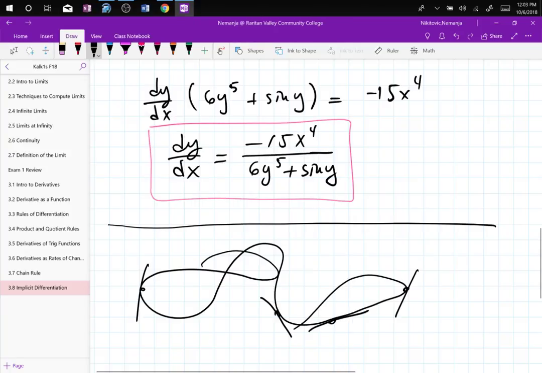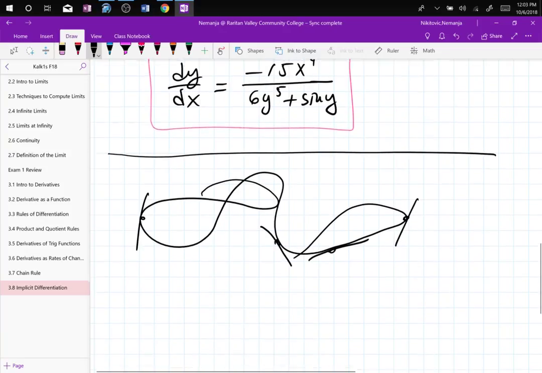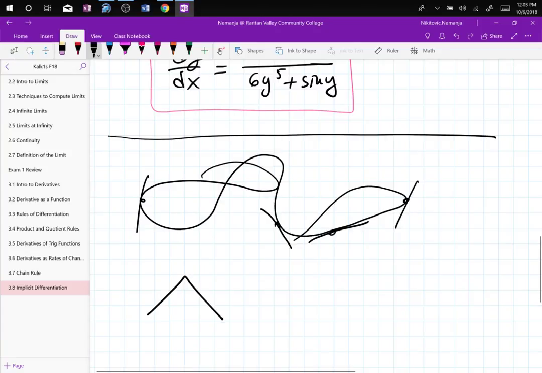There are tangent lines everywhere. The derivative exists along these smooth turning curves. We do not have the derivative on a spike, on a cusp like this. There is no derivative there, there's no derivative there, so no. But it doesn't matter if it is a function or whatever. Yeah, you will have the derivative.